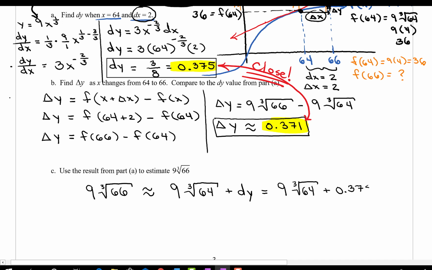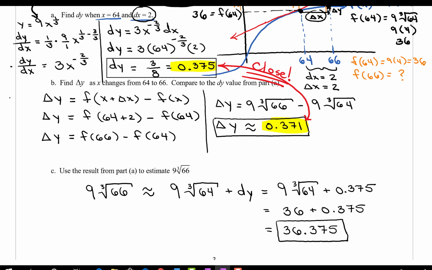So 9 cube roots of 64 plus 0.375, which is 36 plus 0.375, which is equal to 36.375. So this is what the result comes from part A. If we use that result to estimate our 9 cube roots of 66, that's what it comes out to. That's the approximation.